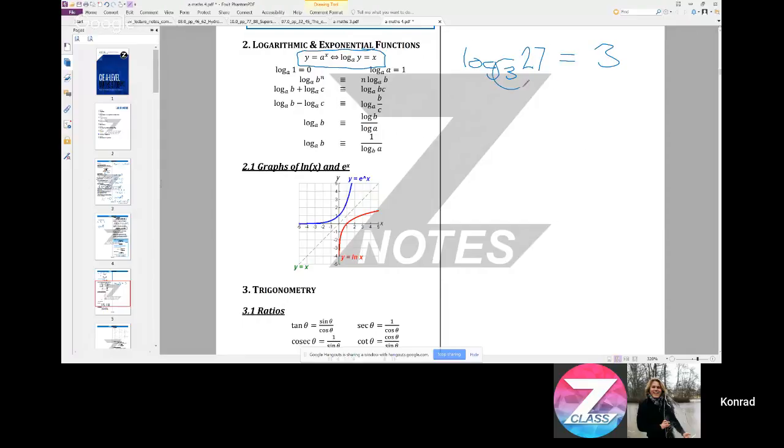We're saying, what power do I need to raise 3 to get 27? And in this case, that's a nice whole number, right? So what the log function is essentially is it's an extension of that question to numbers where the answer is not a nice whole number that we can just answer off the top of our head or by doing some figuring out, right? So that's essentially what the idea here is.